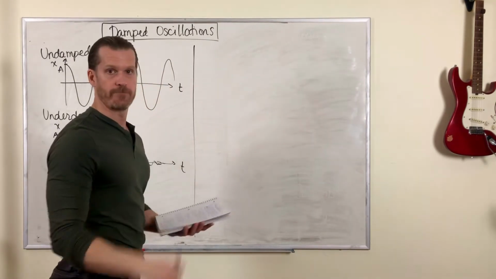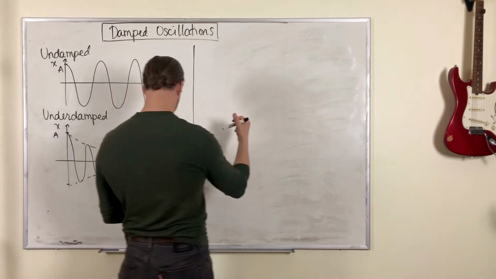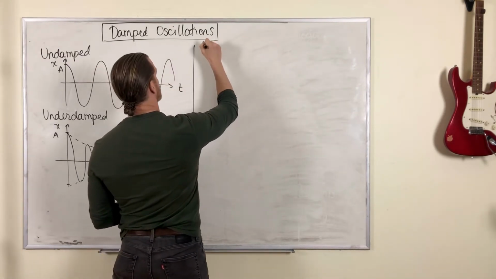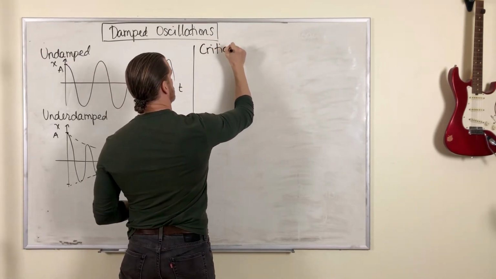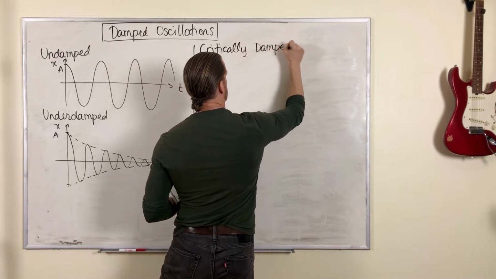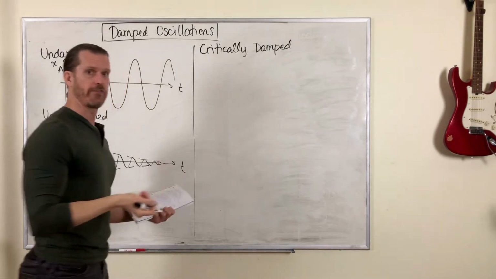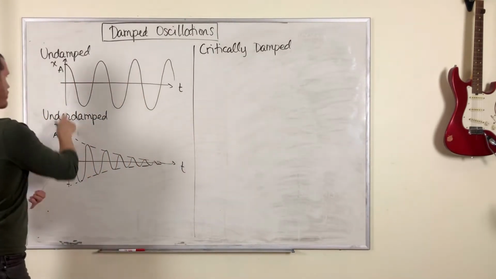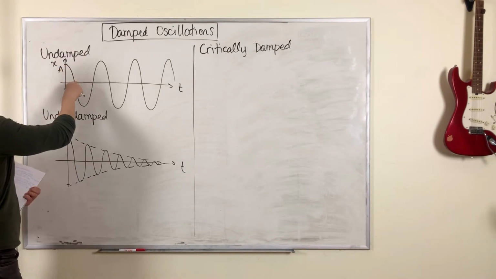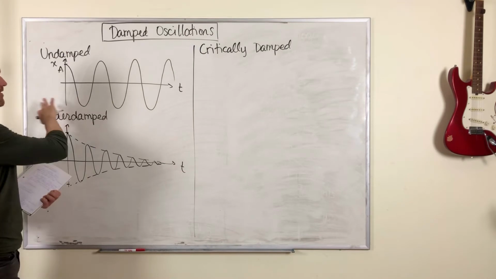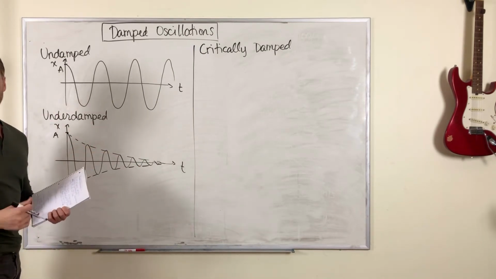So there's 2 other types of damping. This next one is called critically damped. This is when there's enough friction to cause the system to return to its equilibrium point and stop without making any other additional oscillations.